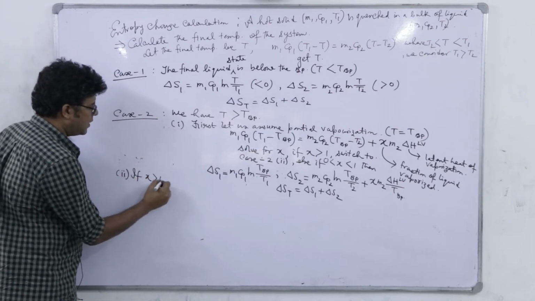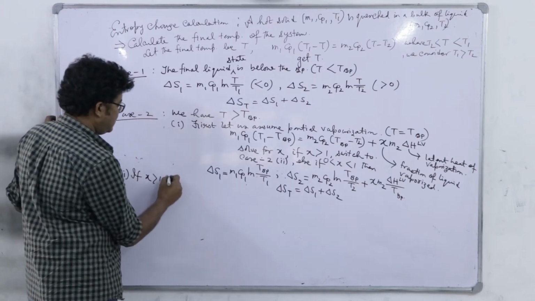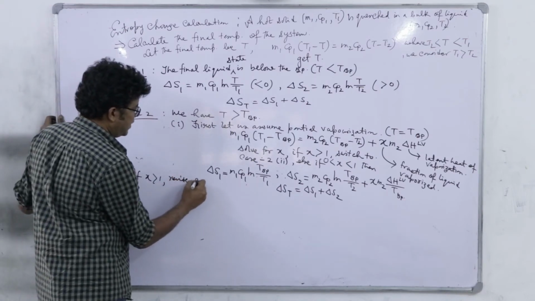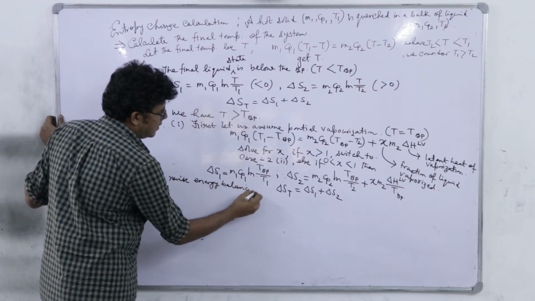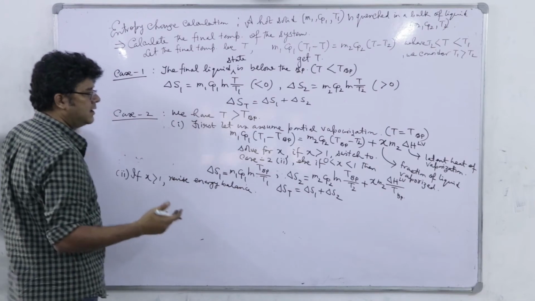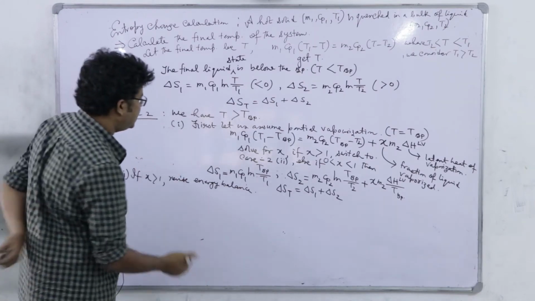Now if X is greater than 1, revise the energy balance. How can you do that? Because here it's full vaporization plus superheating.